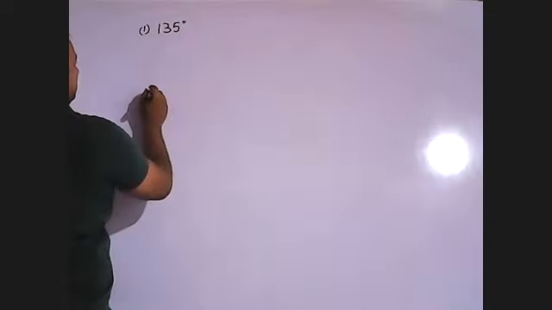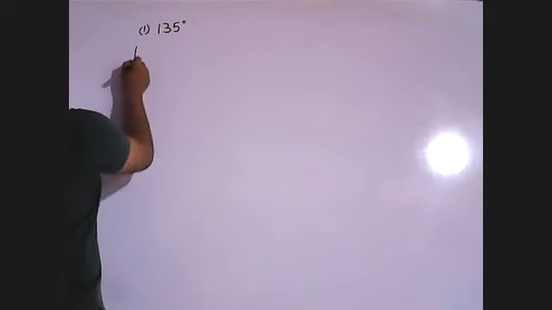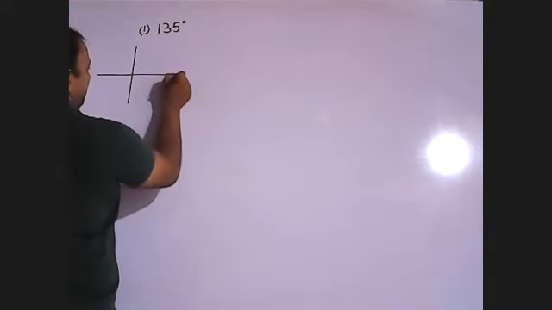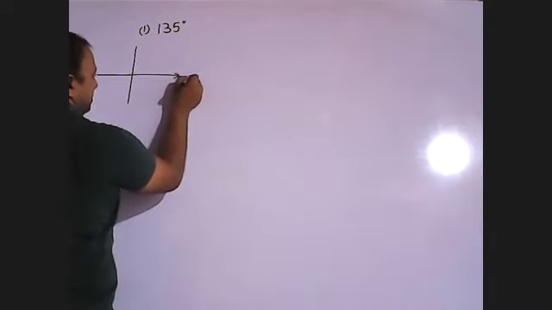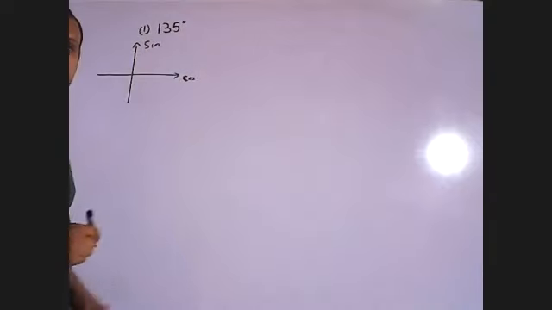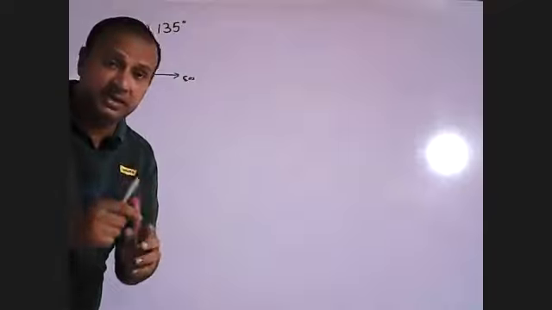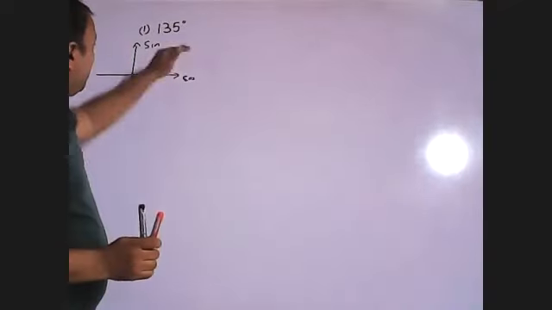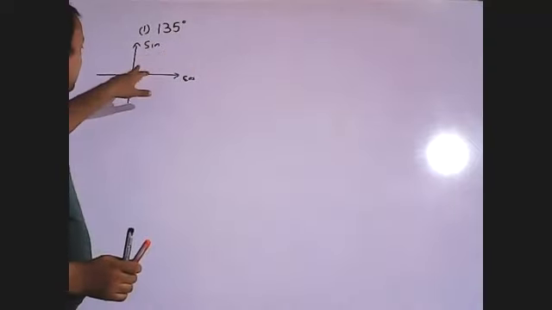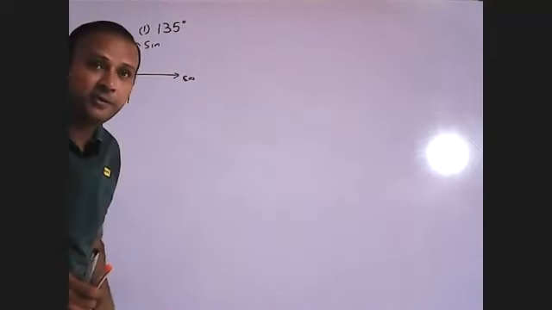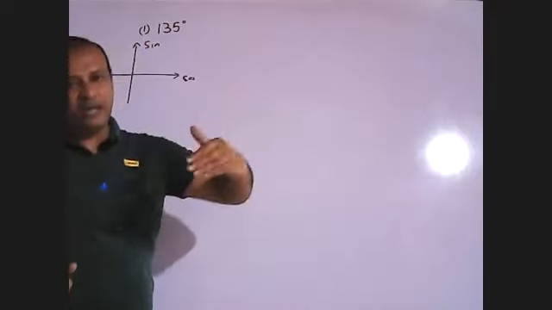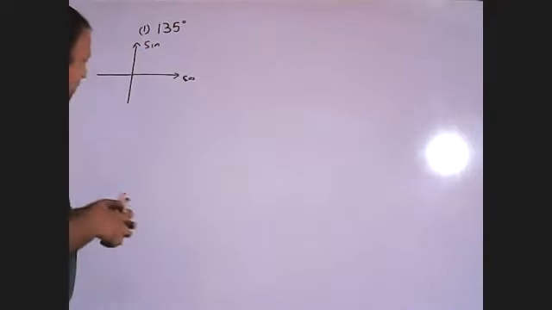You can represent 135 this way. This is cos axis. This is sine axis. 135 means I can represent 135 using 90 plus 45 or 180 minus 45. Look at this.